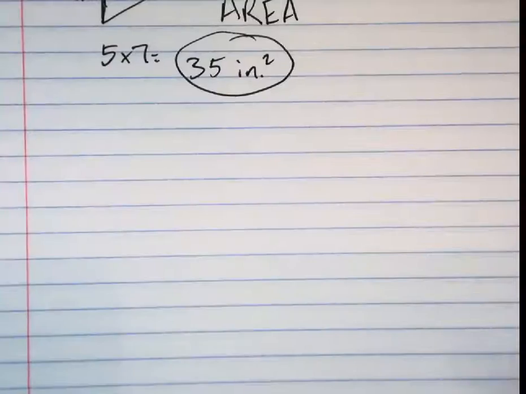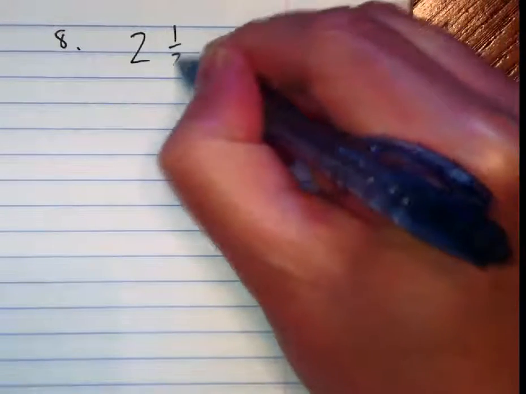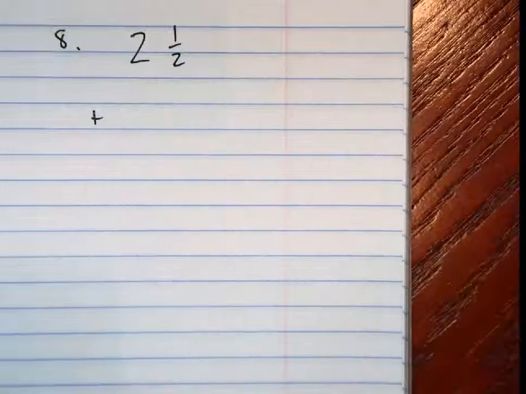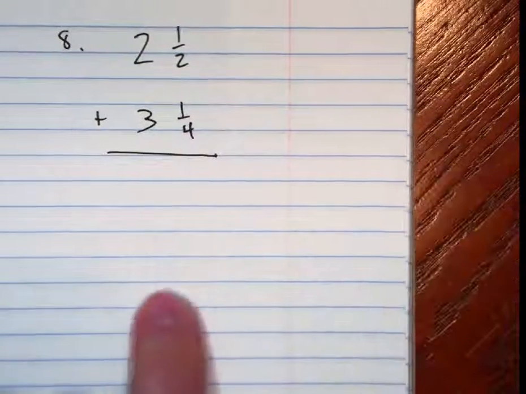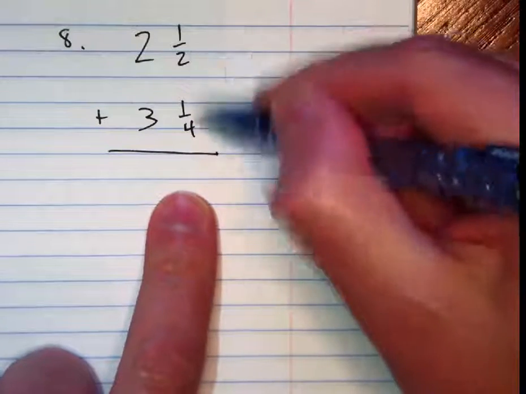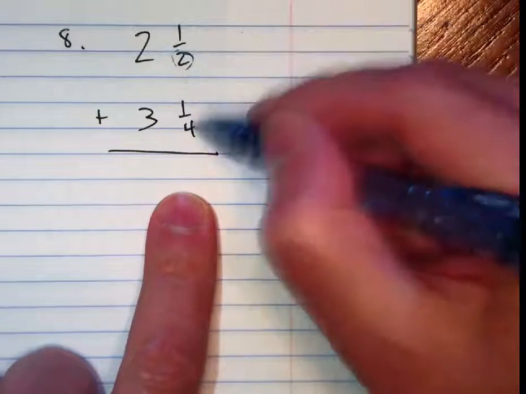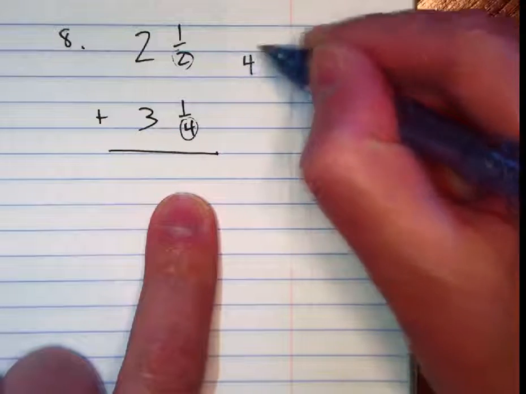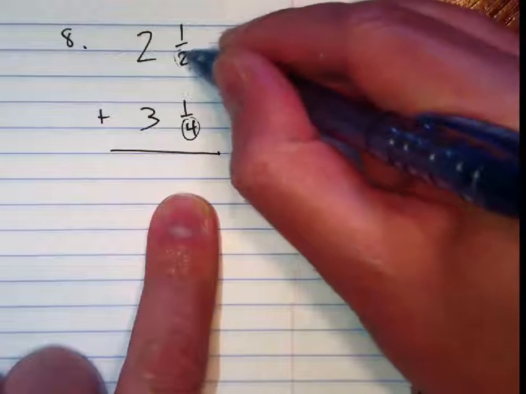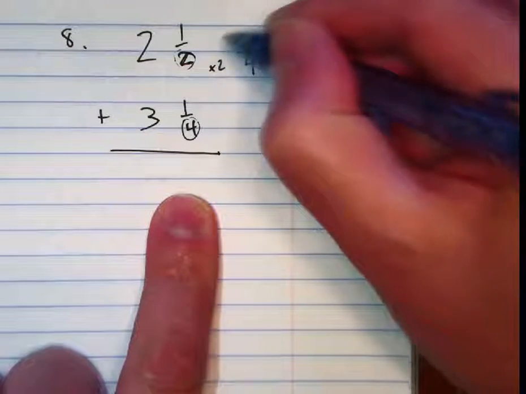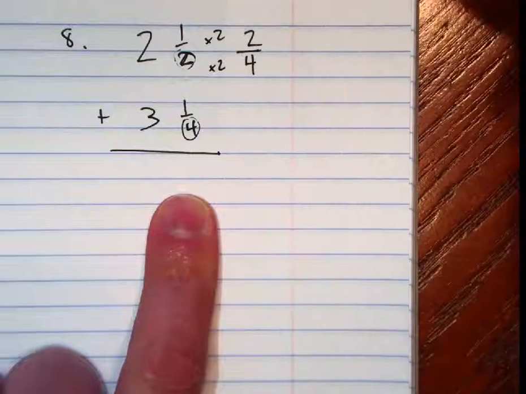Moving on to number 8. There we go. 8 is fractions. 2 1/2 plus 3 1/4. All right. So I got to find my common denominator. I've got a 2 and a 4, so I can use 4 as a denominator. I could use 8, but 4 works also. That's a 2. So 2 times 2 makes 4. So 1 times 2 makes 2.